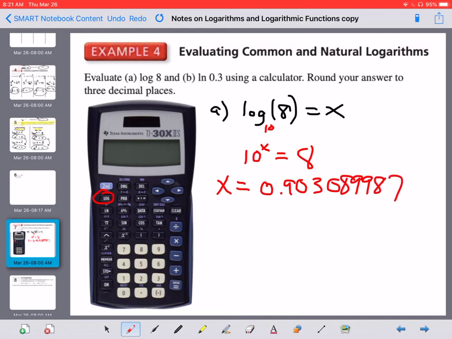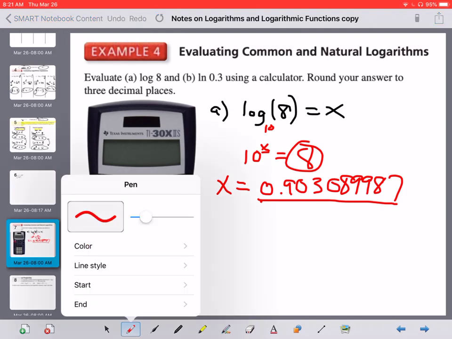Now, this is the exponent right here. If you raise 10 to this number, you are going to get 8. That's what that x represents.